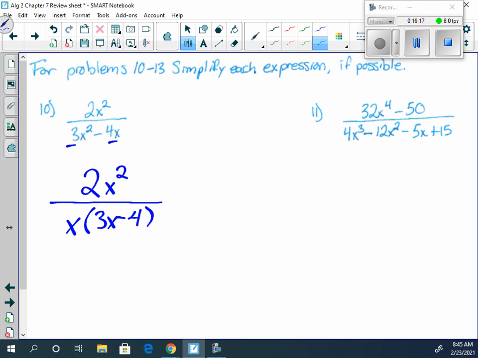So at this point, we can cancel out one of the x's, because we notice I have an x on top and bottom, and we can do this because of multiplication. Since everything is really being multiplied together, we can simplify this here.